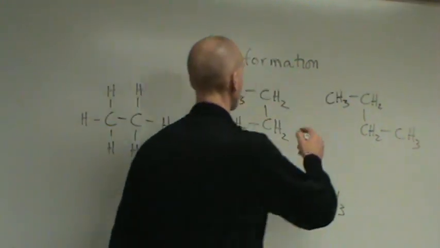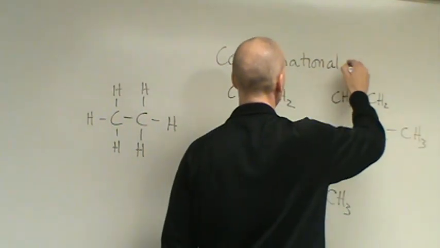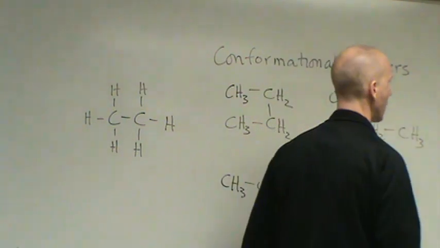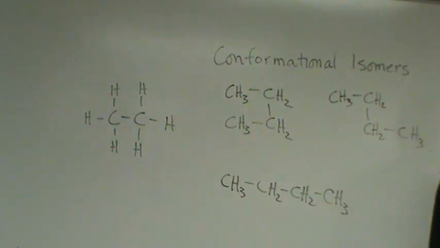And so sometimes these are what are called conformational isomers. Conformational isomers are just simply different rotations of carbon-carbon single bonds. But we're going to look at these in a little bit more detail.